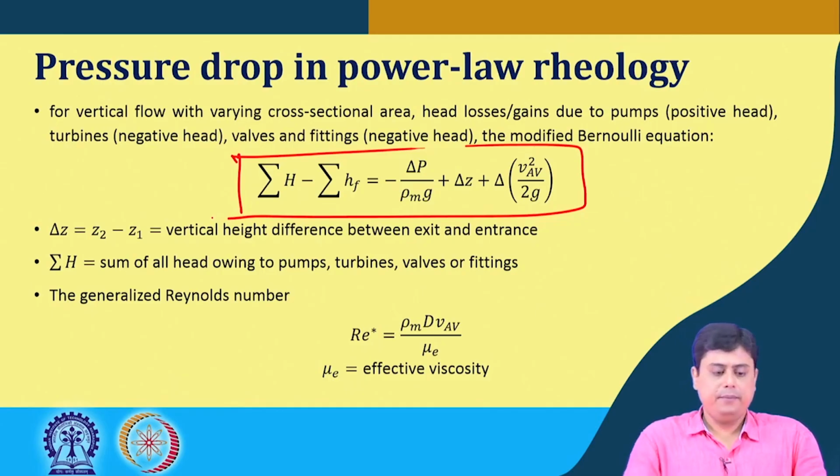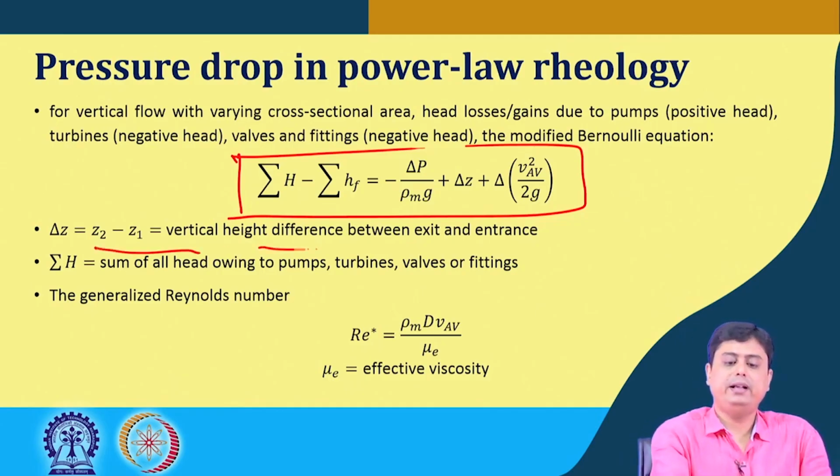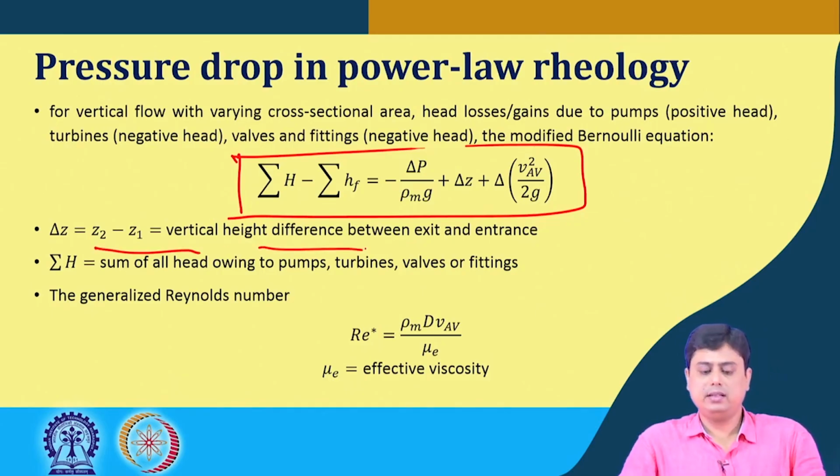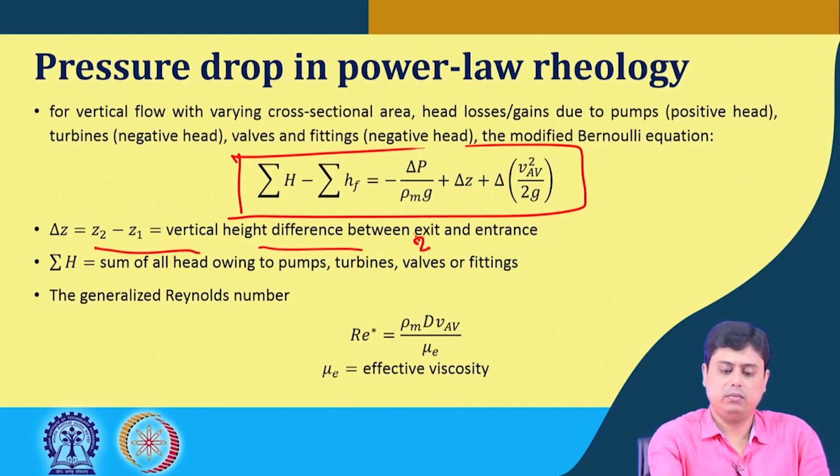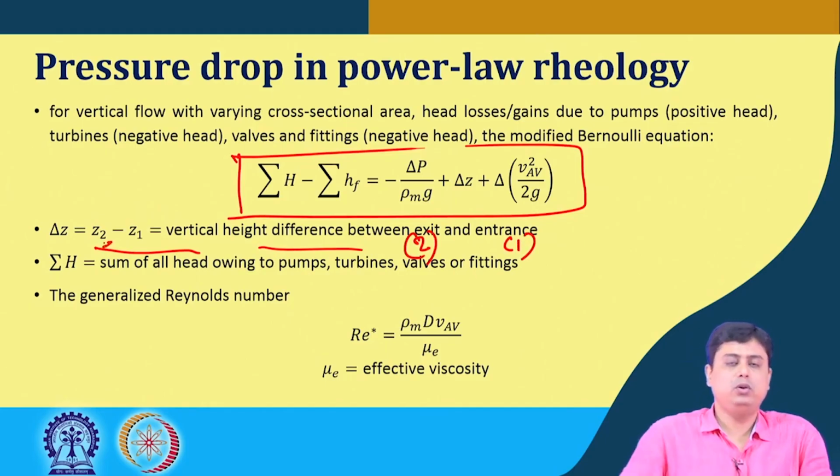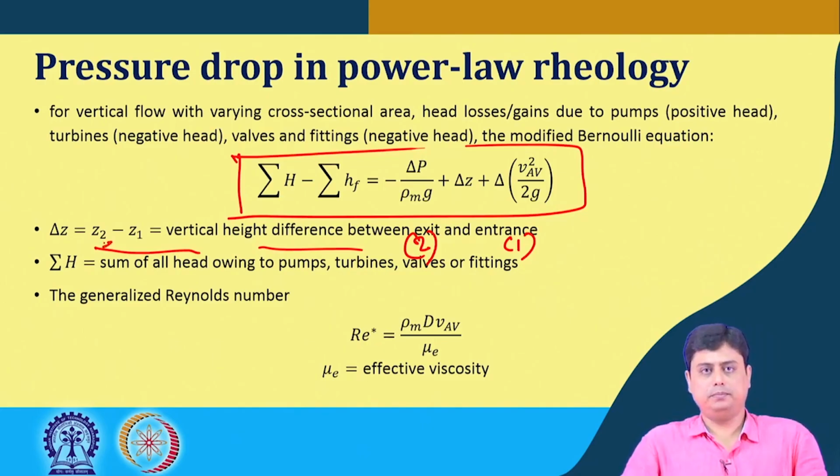The delta Z is the vertical height difference between the exit, say we designate as 2, and the entrance as 1, so Z2 minus Z1. So, this can be the generic expression for a pipeline network depending on the orientation, be it vertical flow or horizontal flow.